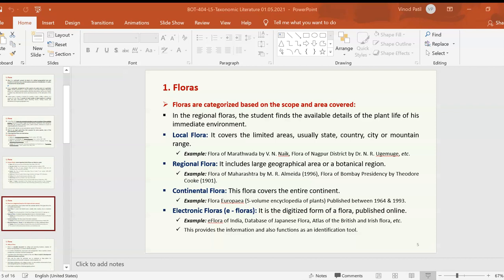Surveys are carried out with plotting techniques, because if there is a forest of 1800 hectares, we cannot move to each and every location of that particular forest area.